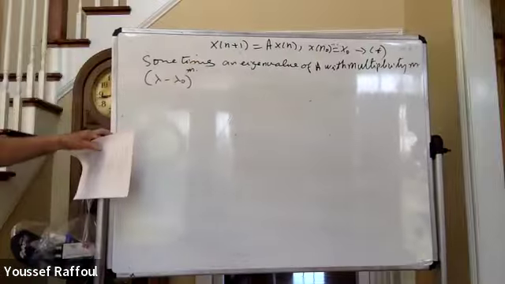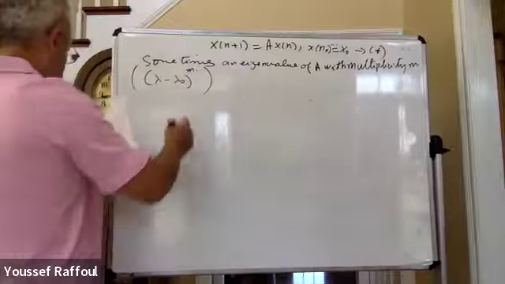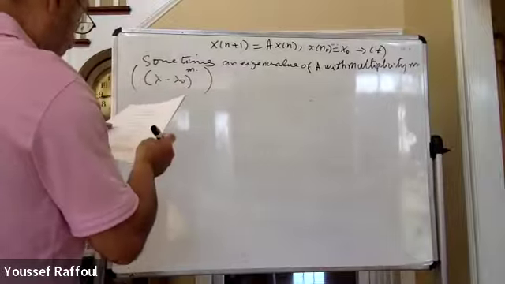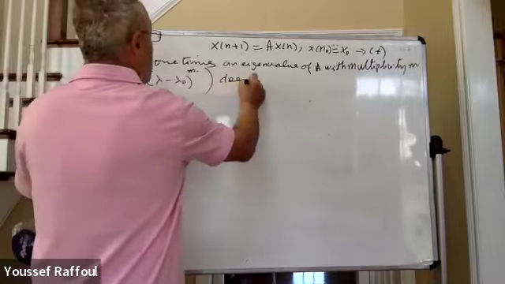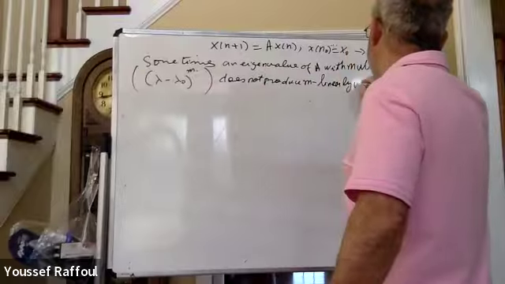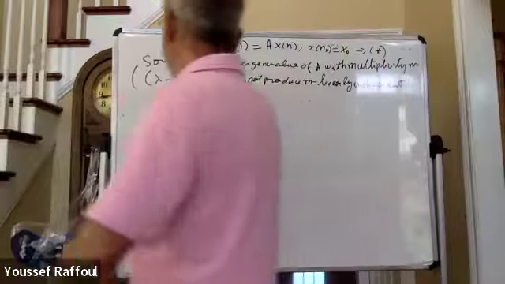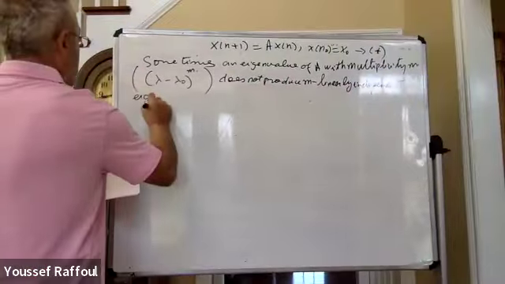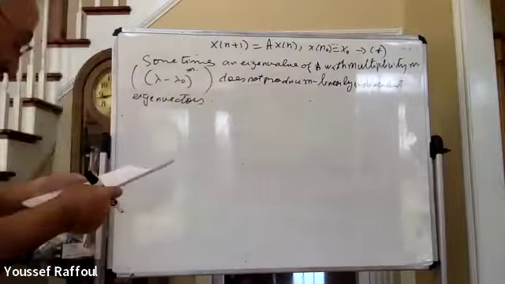This is something like that. Okay? So this is what it means. Does not produce m linearly independent eigenvectors. It may or it may not.